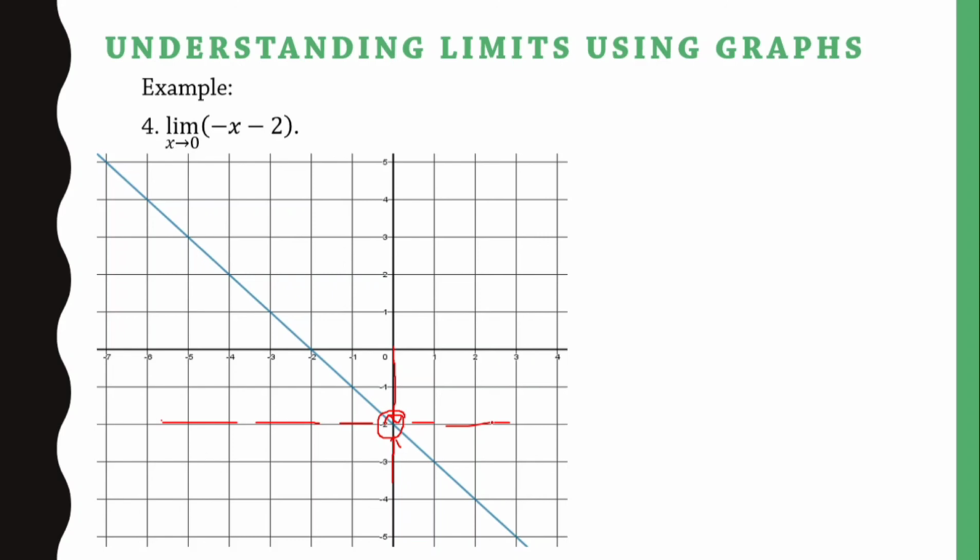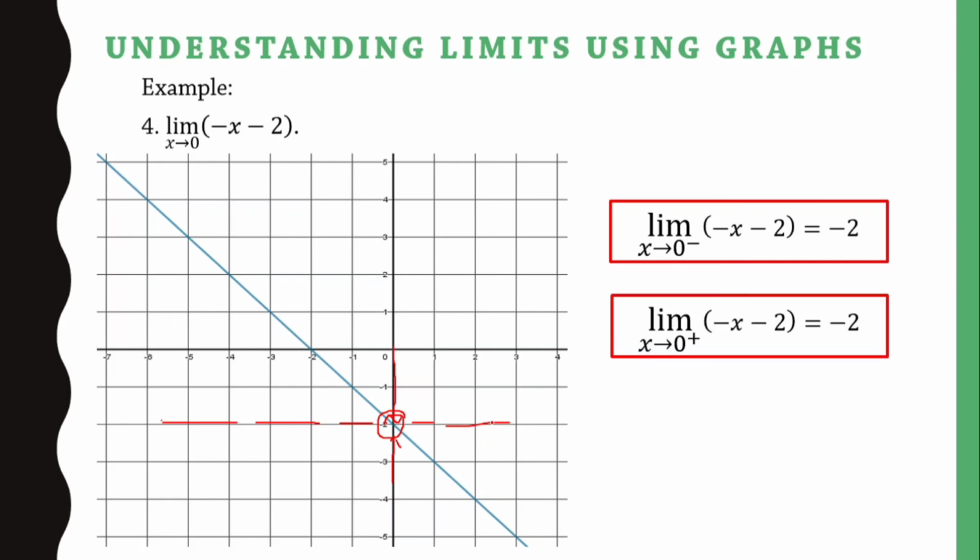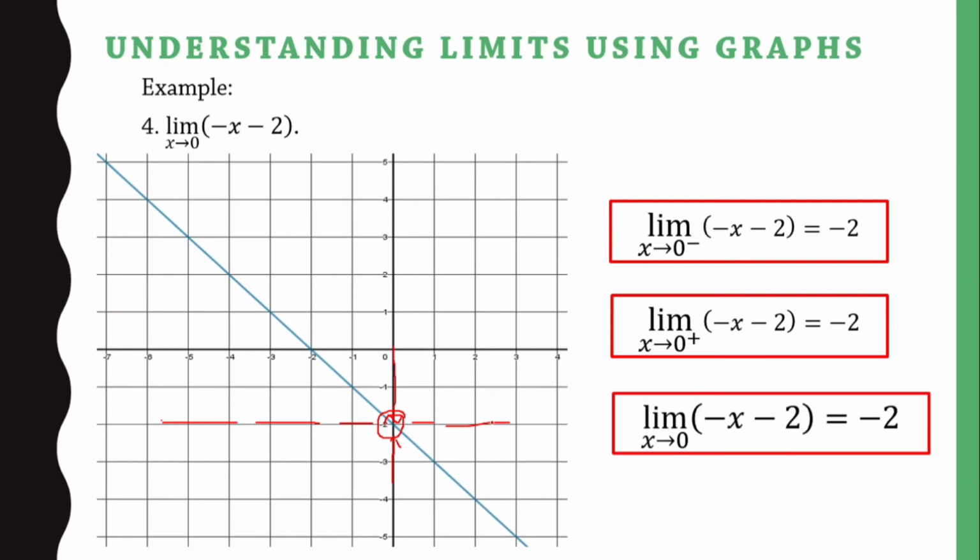From our graph, we see that as x approaches 0 from the left and from the right, y or f of x approaches negative 2. Therefore, the limit of negative x minus 2 as x approaches 0 is negative 2.